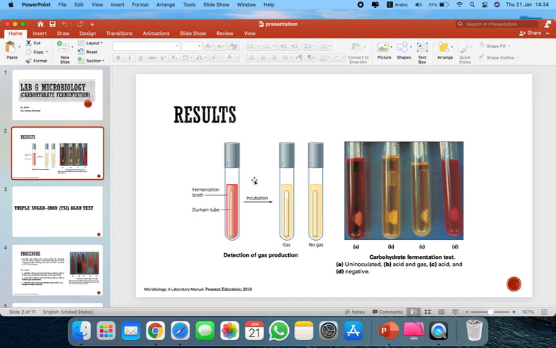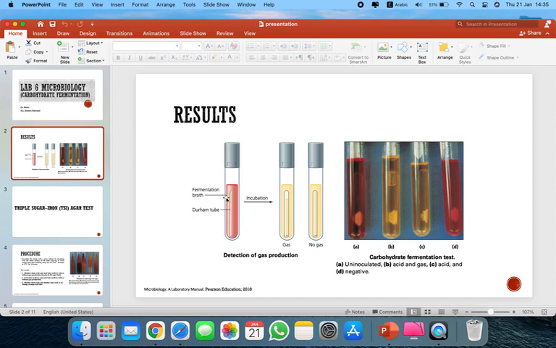Each broth contains essential nutrients, a specific carbohydrate, and a color reagent. For example, you have a red color here. The color reagent indicates a change in pH.